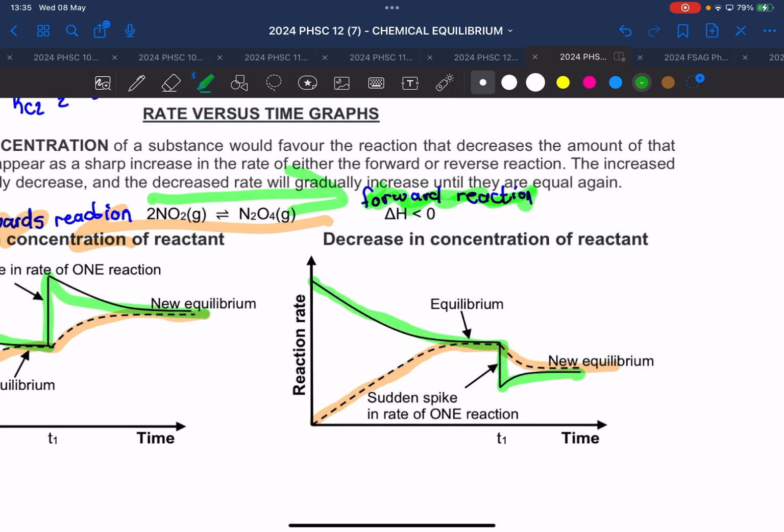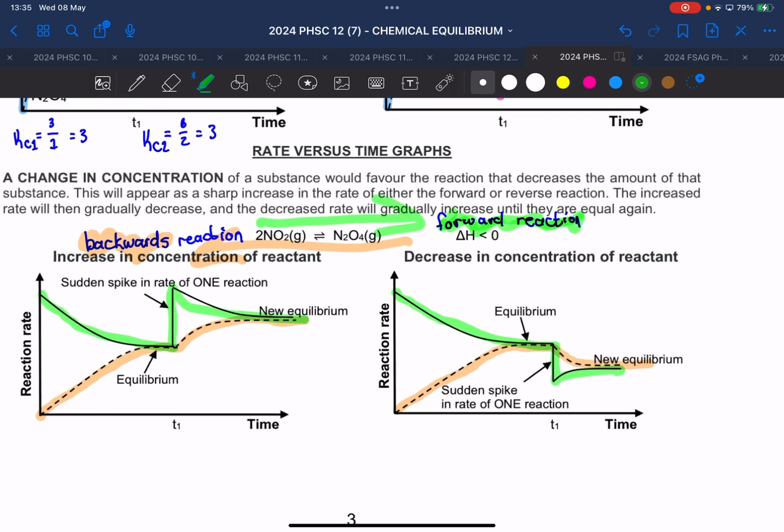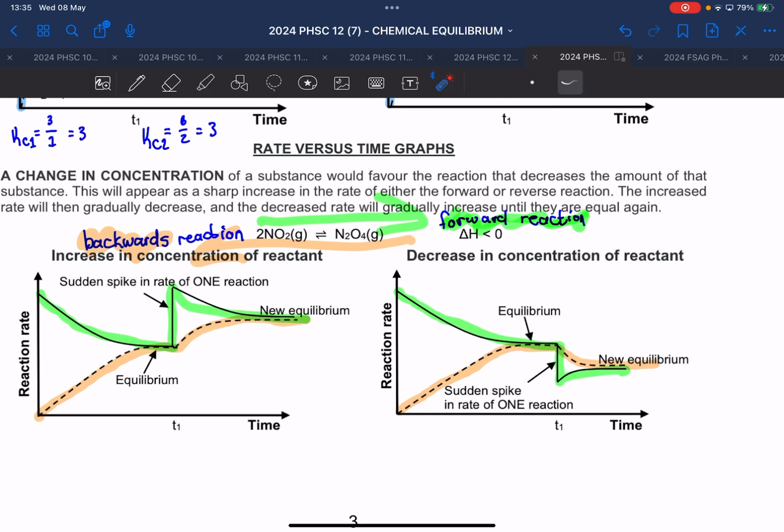So these graphs are not that complicated, right? Okay, here we see a sudden spike in our reaction rate, and then a new equilibrium is established.